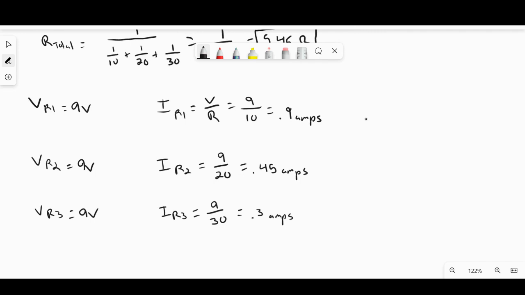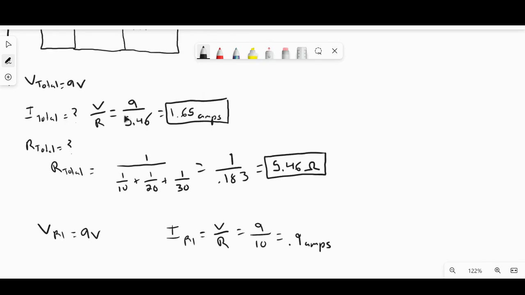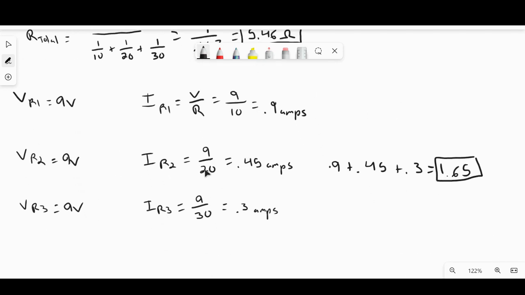If we add up 0.9 plus 0.45 plus 0.3, we get 1.65. So we know we did our math right, because my total current in my parallel circuit was 1.65 amps. And if I add up the current going across all 3 loads, I know I did it right because my math checked out here.